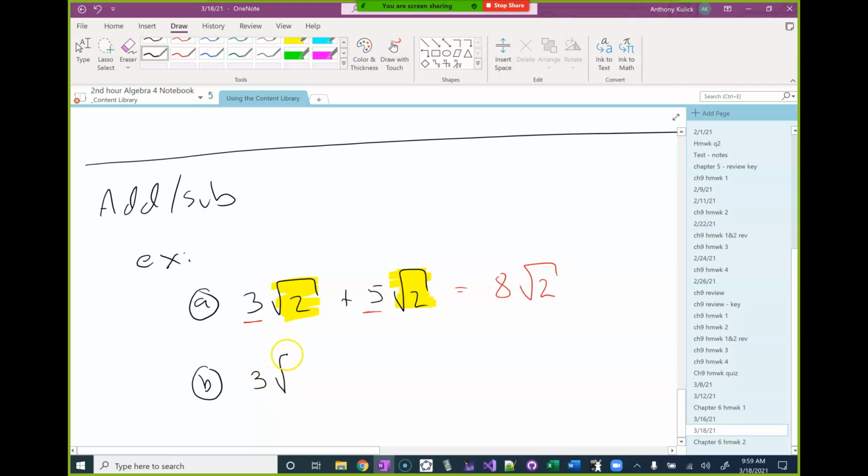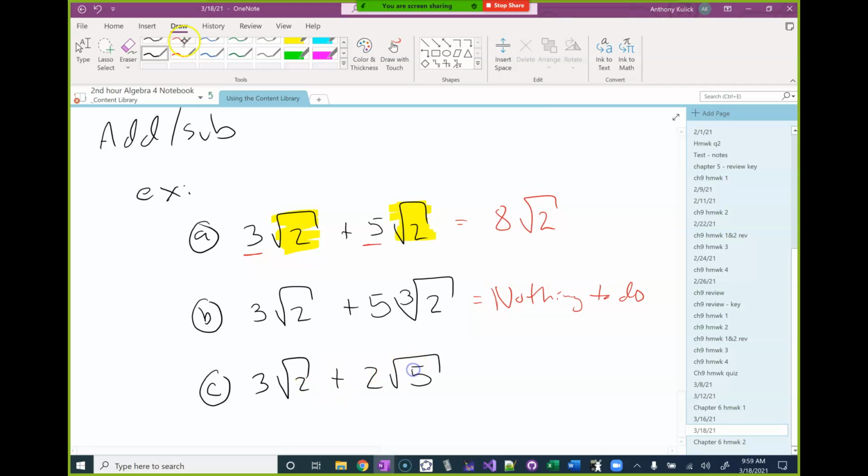Or this one, again, nothing to do because one is a square root 2, the other is a square root 5, nothing to do there. So unless the radical part is identical, the same kind of radical, the same number under the radical, there's no adding we can do or subtracting.